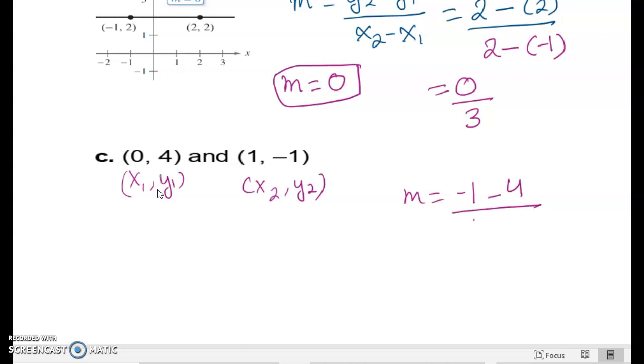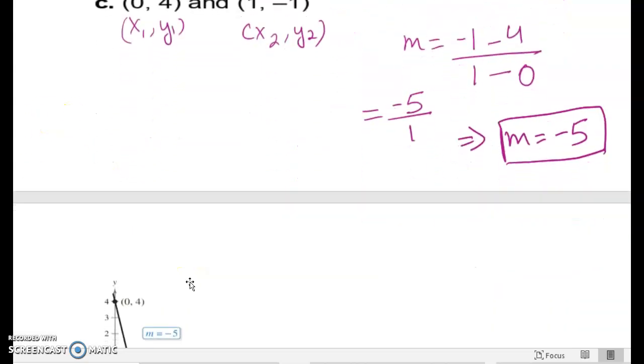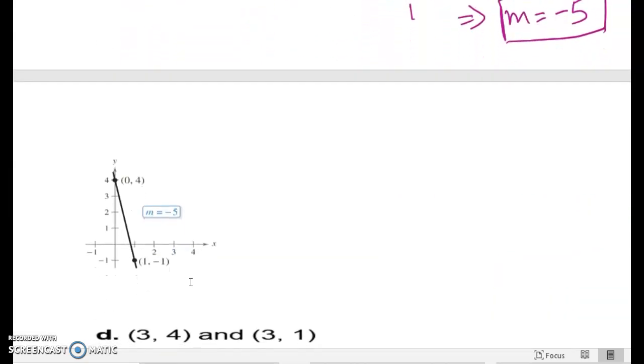Perfect. x2 is 1, x1 is 0. Let's simplify. Negative 1 minus 4 will be negative 5, and it is over 1. I can rewrite it: m is equal to negative 5. Again, box your answer. See if our answer matches with the graph. Here you go. Our answer is perfect.